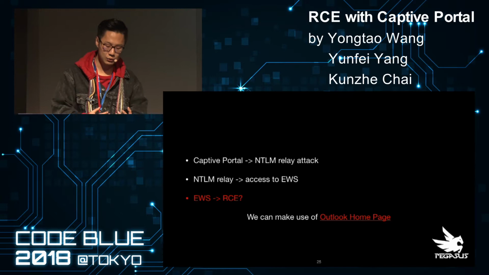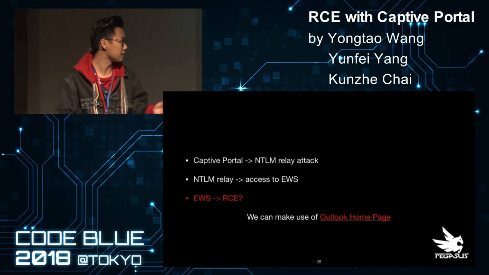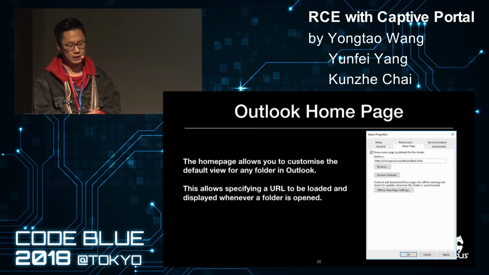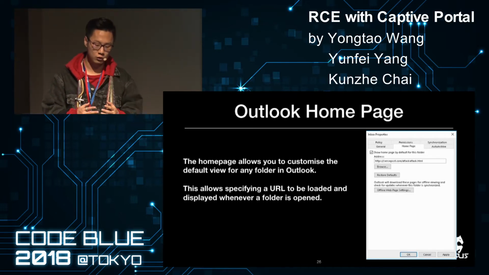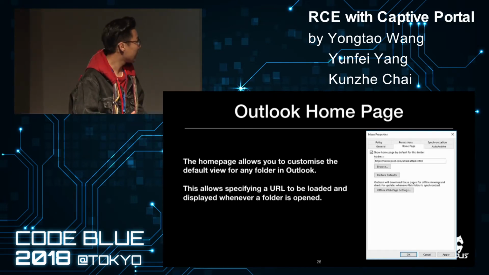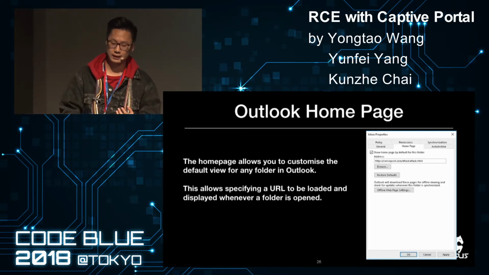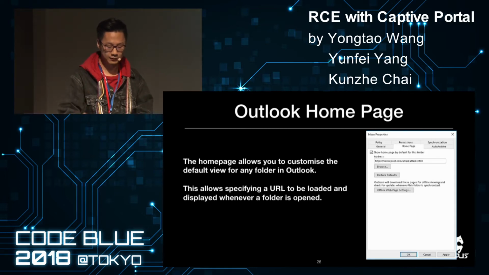We can make use of the Outlook homepage, the red part. The homepage allows you to customize the default view for any folder in Outlook, and this allows a custom URL to be loaded and displayed whenever the folder is opened.